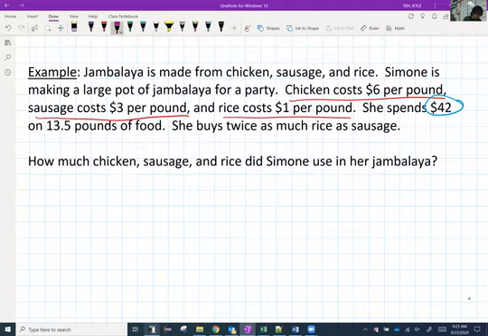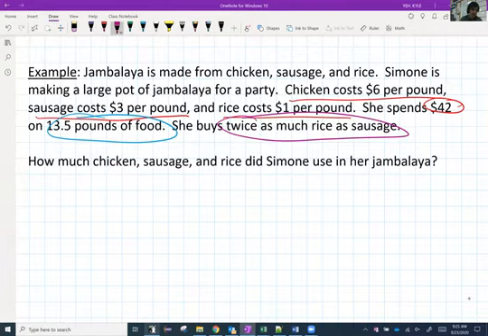Okay, so I'm going to actually circle this in blue. I'm going to keep this red because it seems like it's still dealing with money, which is what I underlined before in red. She buys twice as much rice as sausage, and we need to find out how much chicken, sausage, and rice did Simone use in her jambalaya.